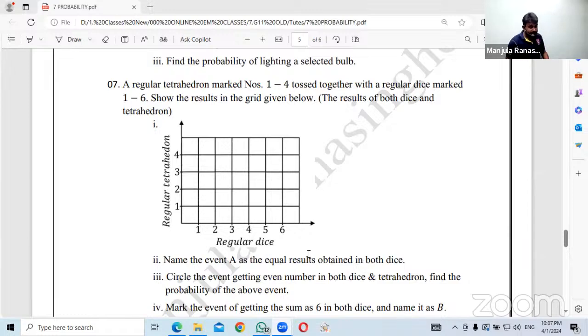Right. A regular tetrahedron marked number 1 to 4 is tossed together with a regular dice marked 1 to 6. Show the results in the given below, the results of both dice and tetrahedron. Right. Name the event A as the equal results obtained in both dice. Right. Here 2 events are there: dice 1 to 6 and tetrahedron.